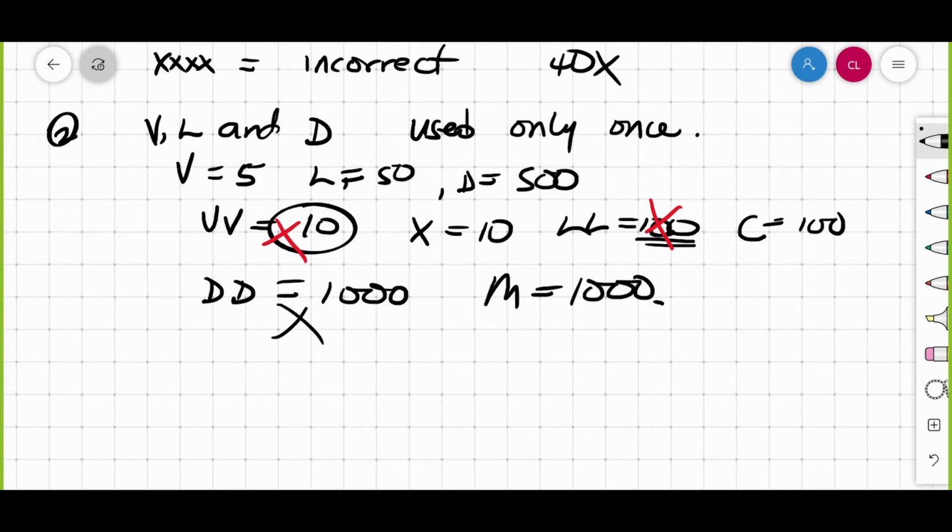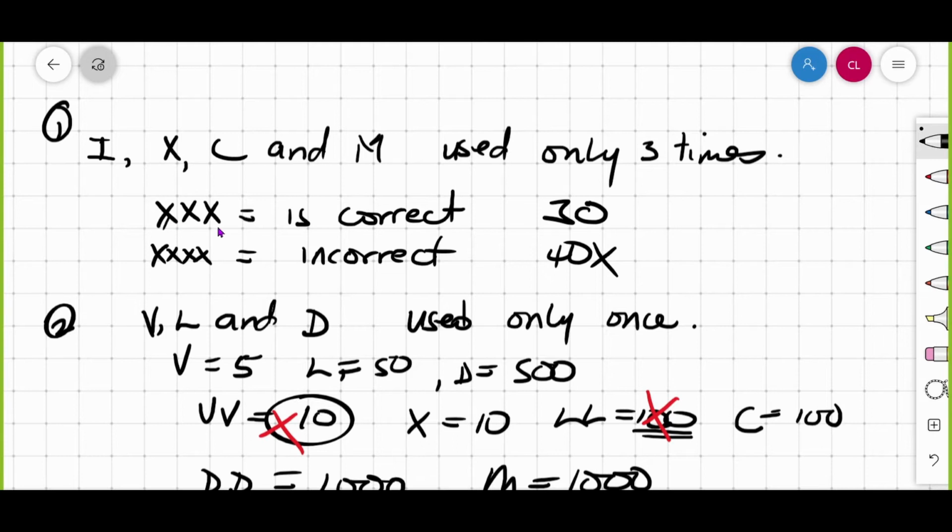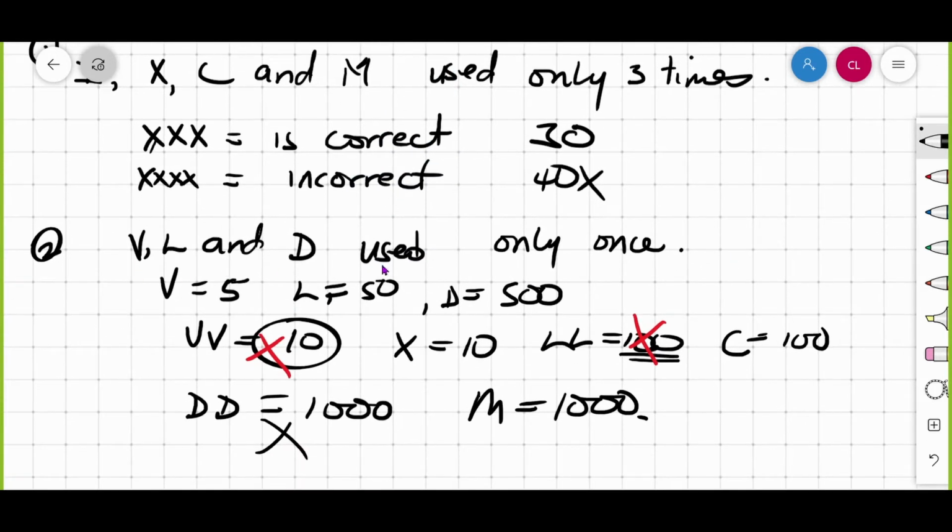So that's the second rule. The first rule: some letters, X, I, C, and M, can only be used three times, and the letters V, L, and D can only be used once.